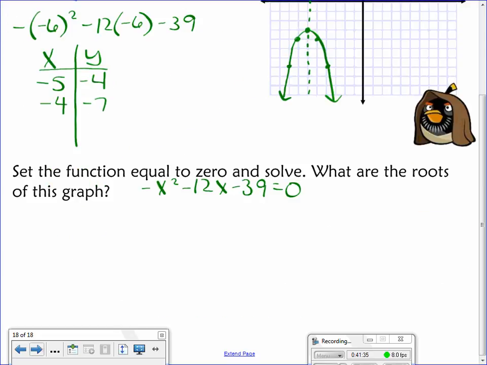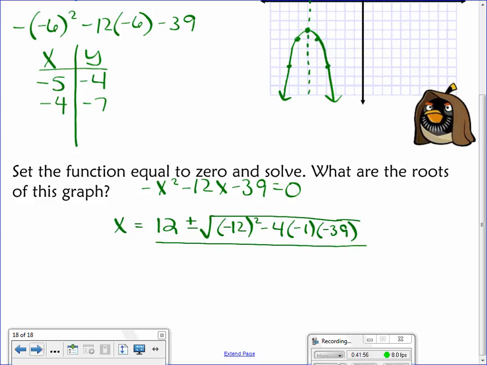What's probably your go-to to solve this? Probably the quadratic formula. Let's start there. All right, so x equals negative b, which is going to be 12, plus or minus square root b squared minus 4 times a times c, all over 2 times a.